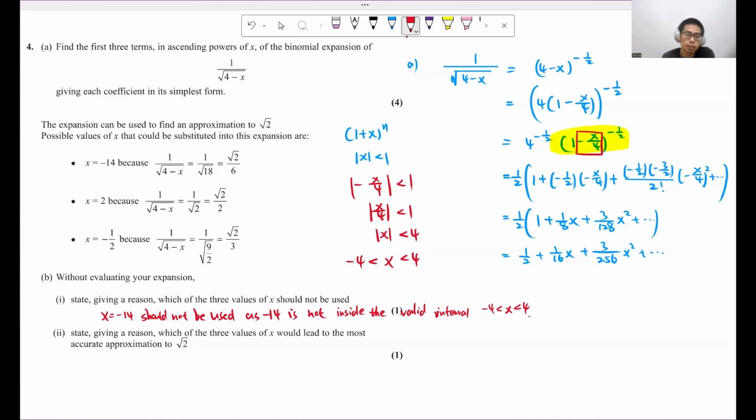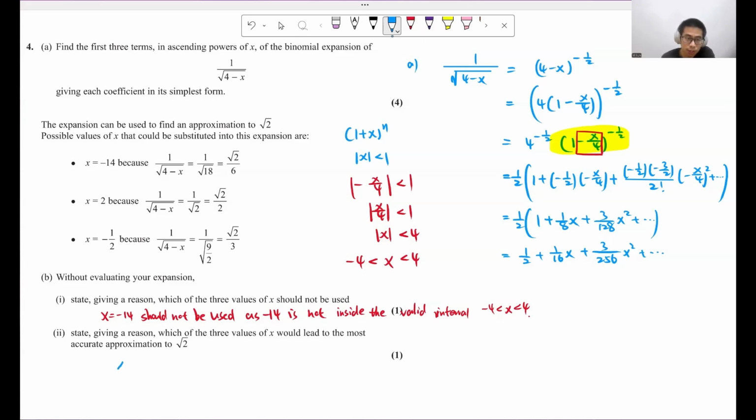And then for part (ii), state giving a reason which of the three values of x would lead to the most accurate approximation to root 2. For this one, it's always the same: the closer to 0, the more accurate the approximation. So 2 and -1/2. Clearly -1/2 is closer to 0 compared to 2.